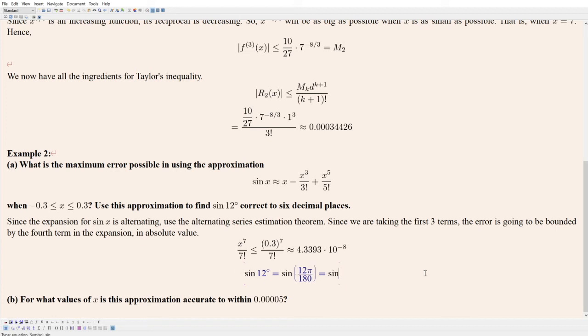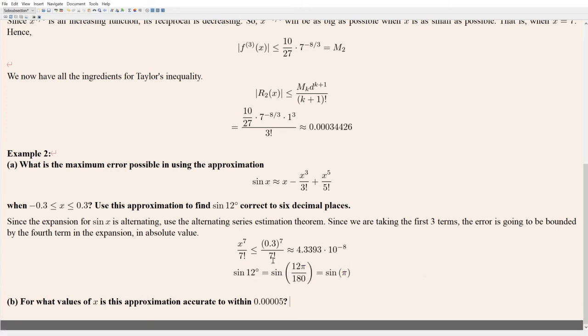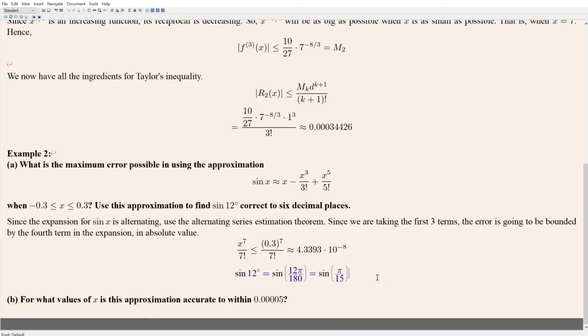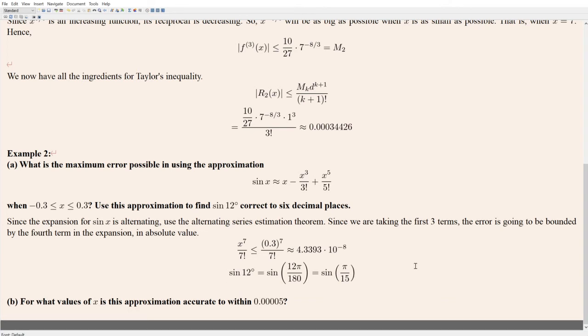So that's the same as pi over 15. Yeah, that's pi over 15. So, is this within our range? So we're looking at values between negative 0.3 and 0.3.